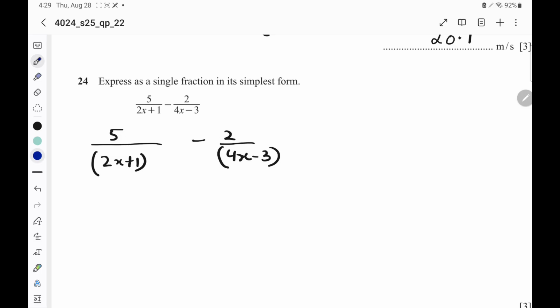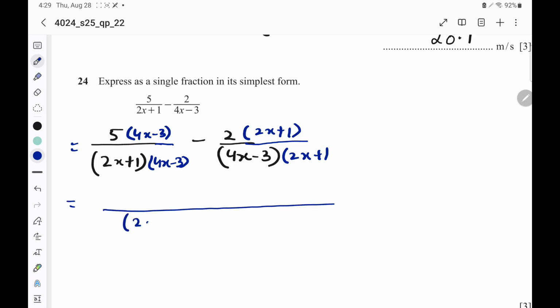Okay, I'm showing it to you also. So 5 is multiplying with 4x minus 3 and its denominator also. And 2 is multiplying with 2x plus 1 and the denominator also. So you can see we made the same denominator. Now we can add or subtract the two fractions whenever we make the same denominator.